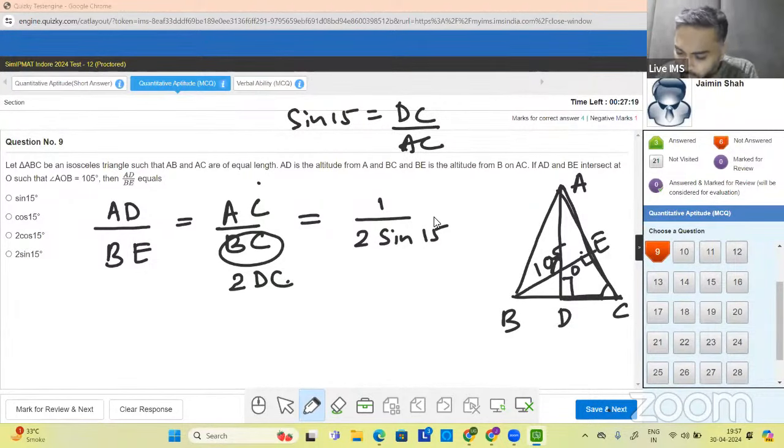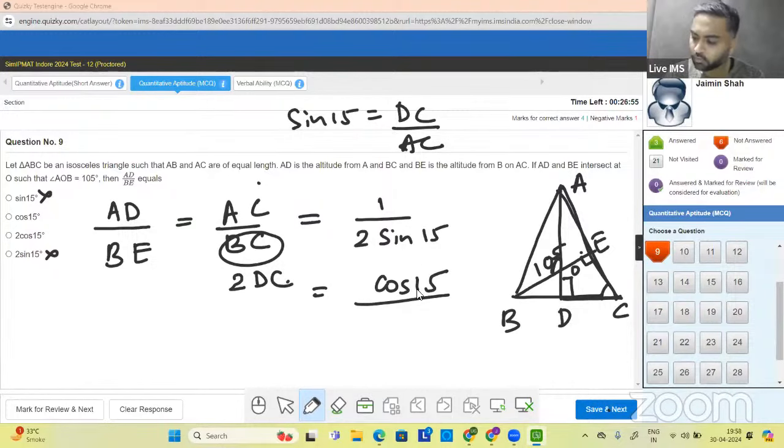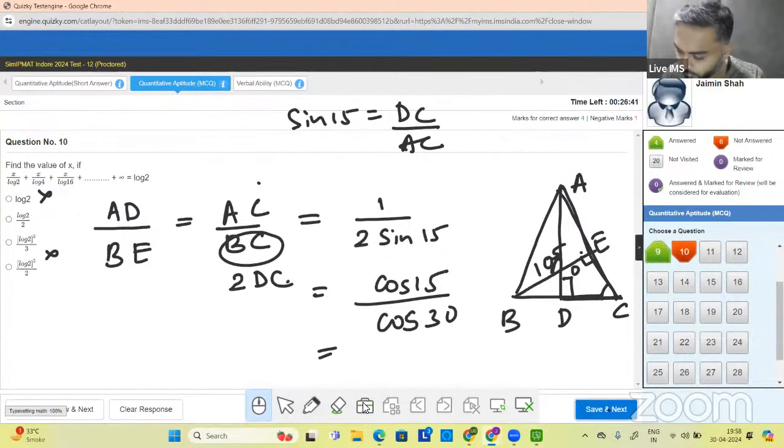So 1/2 sin 15 is definitely not sin 15, it can't be cos 15 or 2 cos 15 either. So this is cos 15 upon cos 30, because 2 sin 15 cos 15 is sin 30, correct, so this is 2. Okay.